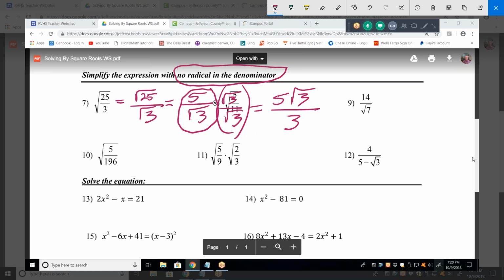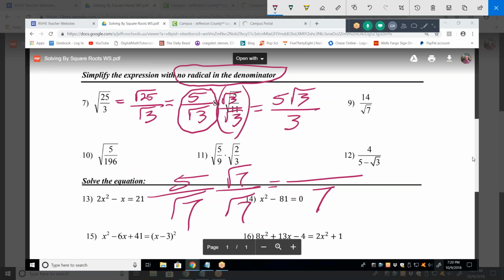When you multiply root 3 by root 3, that turns into a 3? Yeah, it always will. In other words, if I had something like 5 over root 7 and I wanted to rationalize it, I'm going to multiply it by root 7 over root 7, because that will always turn the denominator into a rational number.